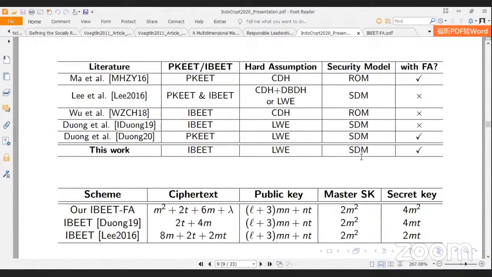So it's derived in the standard model, and it's not trivial to convert, to apply the technique from the IBE B10 and others. So I need to introduce the magic R. So that's the reason why our cost increases and the security loss increases. I see. So, okay, thank you.